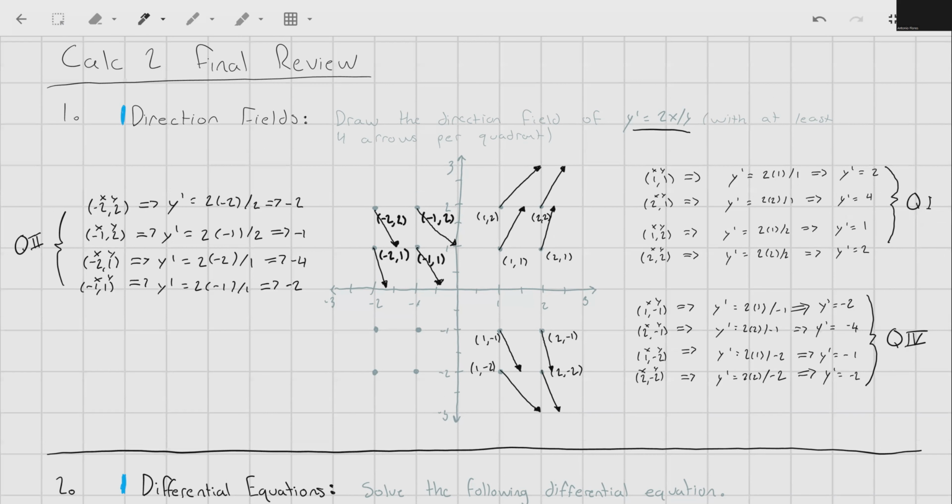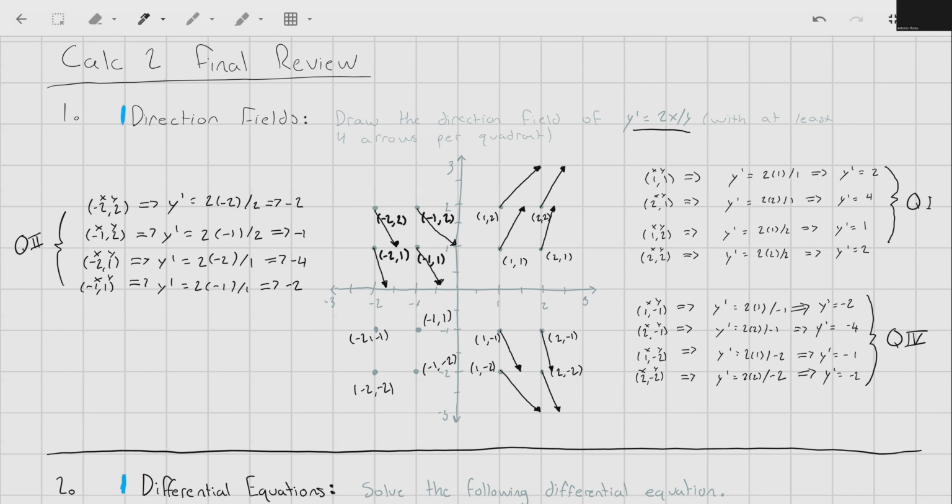So coordinates here, again, it would be -1, -1, this would be -1, -2, -2, -1, -2, -2. And I just plug in the coordinates.